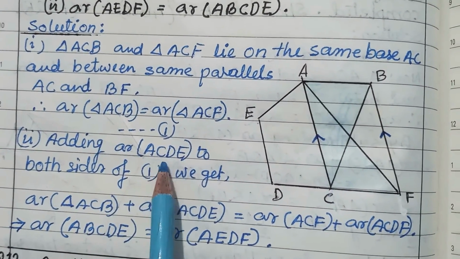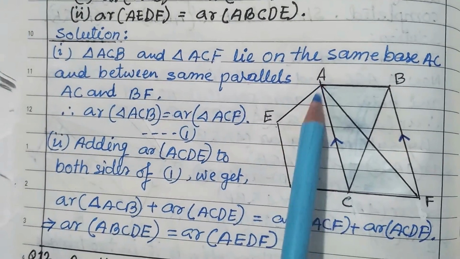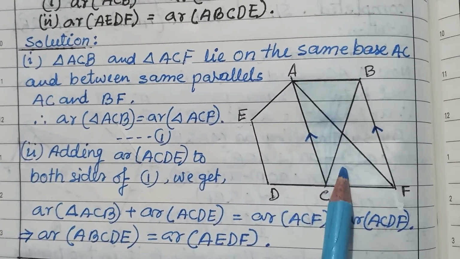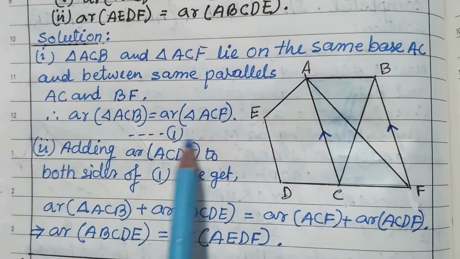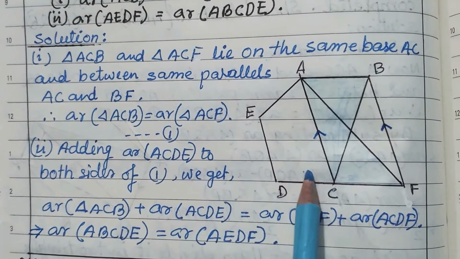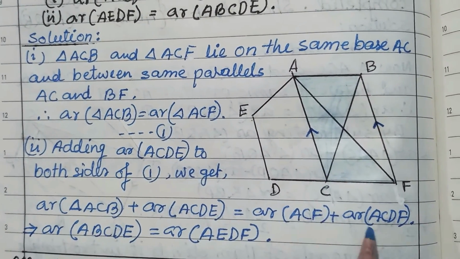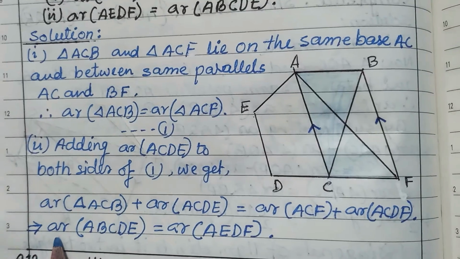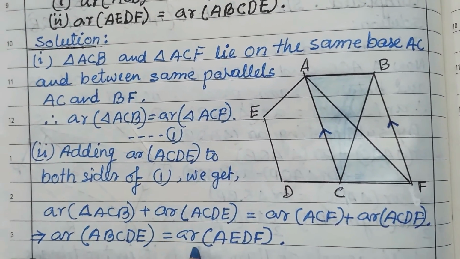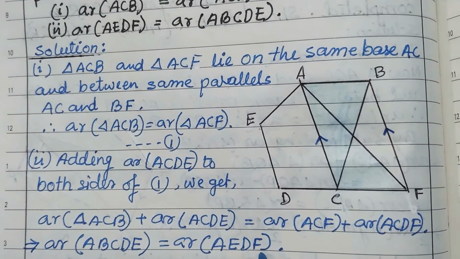Now, adding quadrilateral ACDE on both sides of relation 1, on one side we get this triangle plus the quadrilateral, and on the other side this triangle and the quadrilateral. We are getting the area of pentagon ABCDE is equal to the area of quadrilateral AEDF.